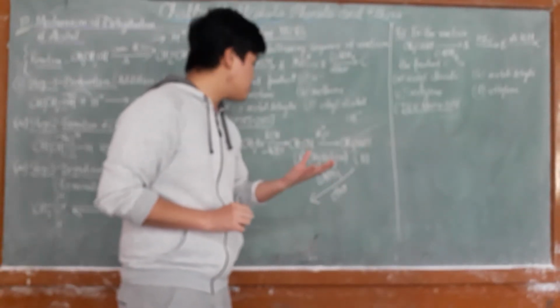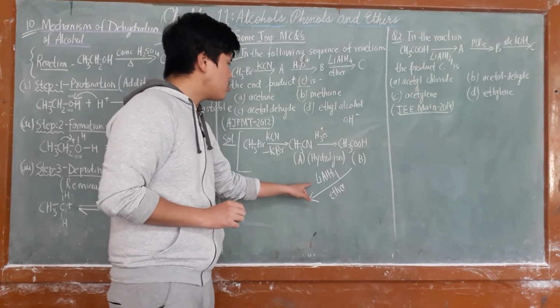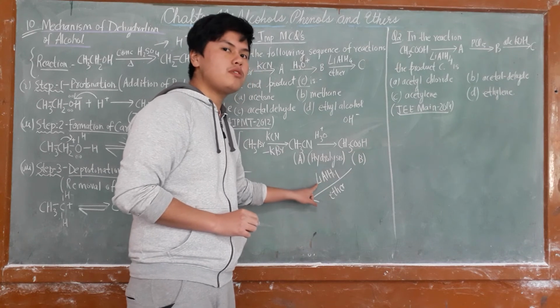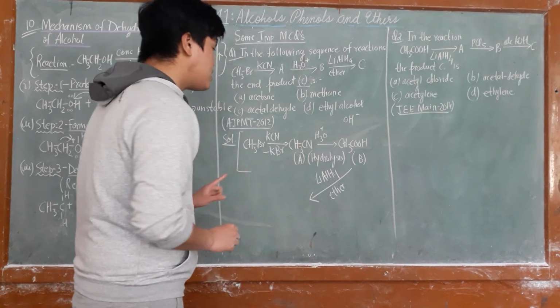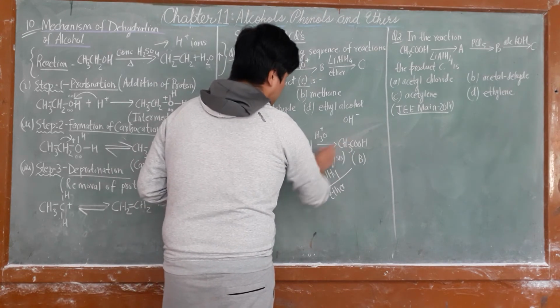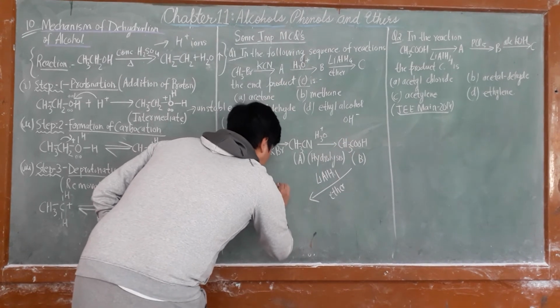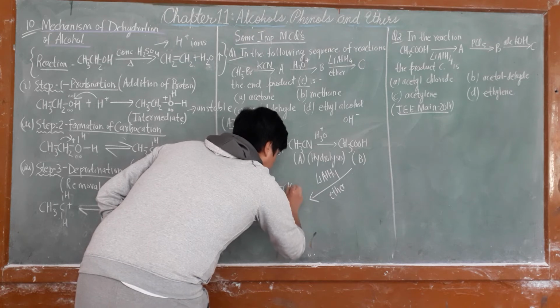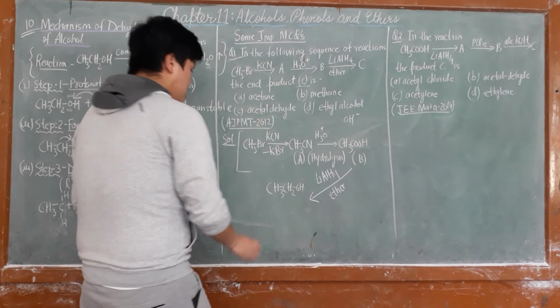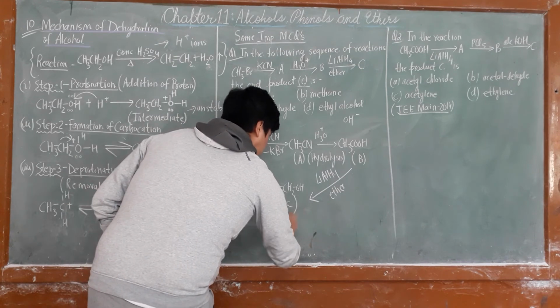LiAlH4 is a strong reducing agent. When you reduce CH3COOH using a strong reducing agent, the end product you will always get is an alcohol consisting of 2 carbons. Your main product will be CH3CH2OH, and this is your product C.